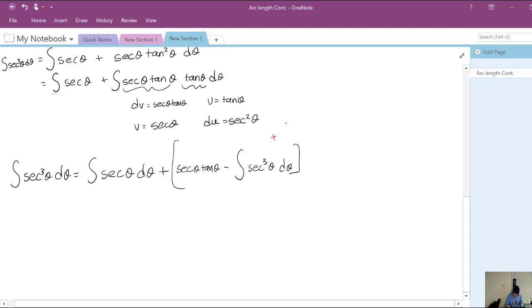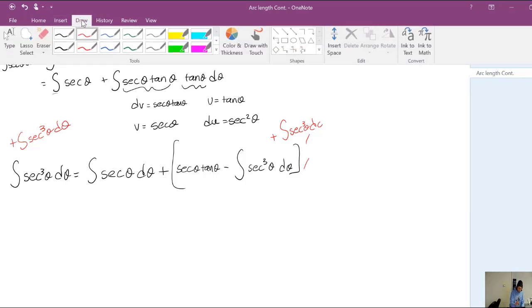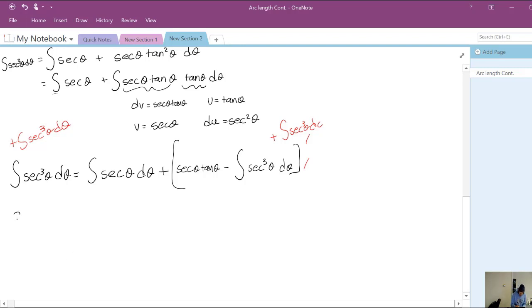Plus the integral of secant cubed theta, plus the integral of secant cubed theta, which would mean this and this cancel, and this sums up to 2 of them, so 2 times that. And it equals what's remaining: the integral of secant plus secant theta tan theta.